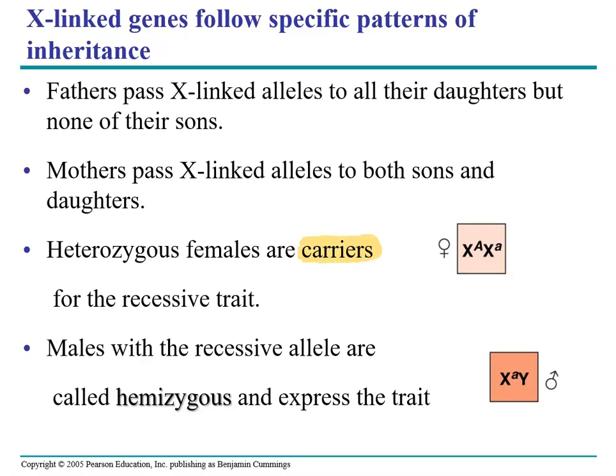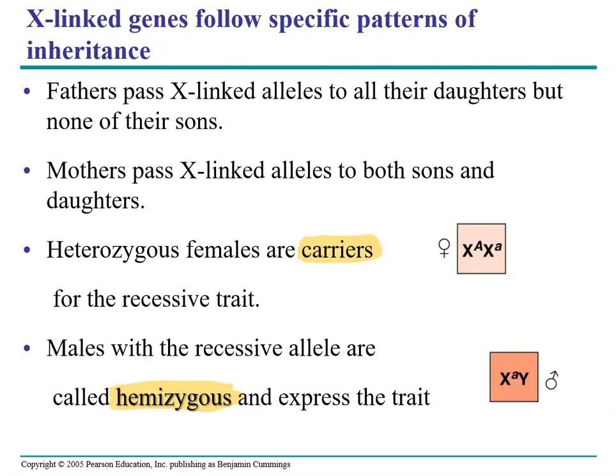And a male, so male would be XY. There's really no such thing as heterozygous for a male, because if it's an X-linked or sex-linked trait, he only has one allele for that, because it's either X or Y linked. So there's a new term for a male. When he has the recessive allele, he does express the trait, and he's called hemizygous, because there's no dominant allele to mask the recessive allele.